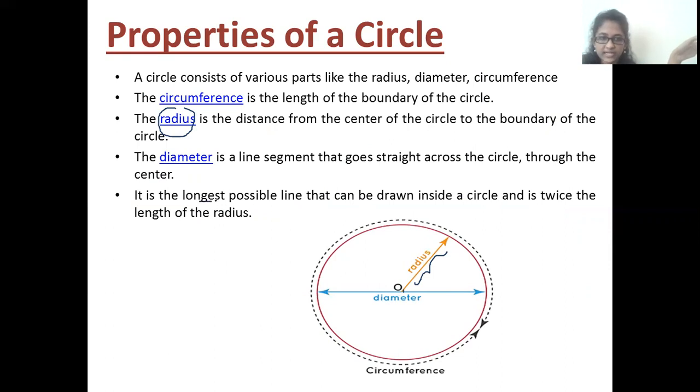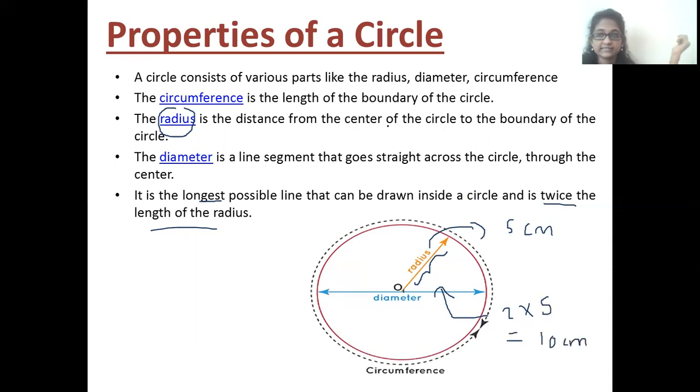That is the longest possible line that we can draw inside the circle, and it goes through the center point of the circle. And also the diameter is twice the length of the radius. For example, if the radius is 5 centimeters, the diameter will be twice the length of the radius, so that is 10 centimeters. Okay, so these are the common properties or special characters that we can find from a circle.